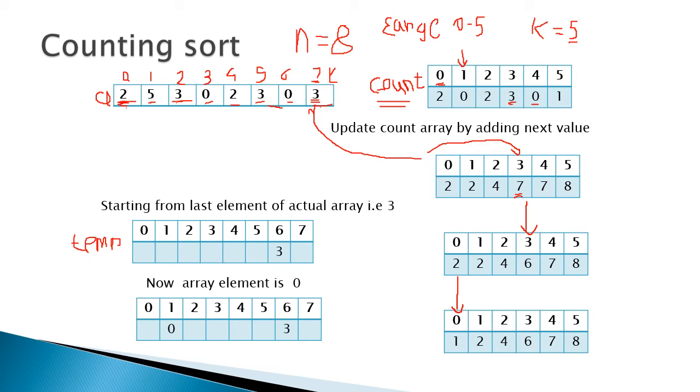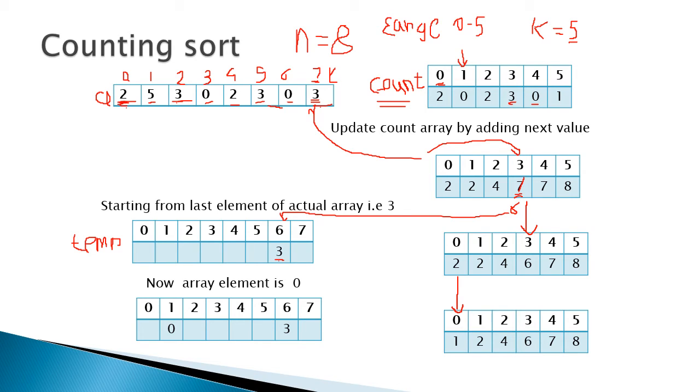But here we have to store the number 3, and we have to decrement this value by 1, that is 6. Then go to the index 6 in the temporary array and store that value in the temporary array, that is 3.